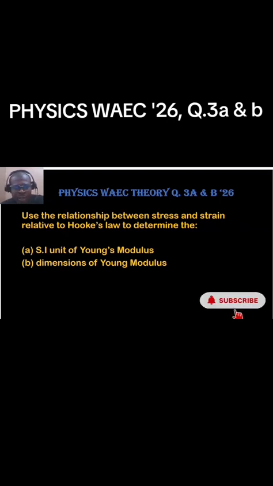So the very first thing we need to do here is to recall what the formula of Young modulus is. Young modulus is actually equal to tensile stress over tensile strain. So that would be stress over strain.